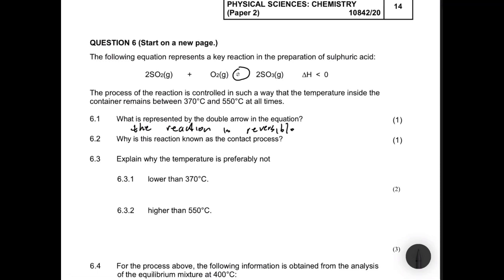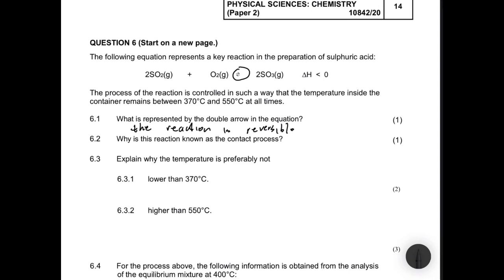It is known as the contact process because the reaction occurs in the presence of a catalyst, right? So the reaction is in contact with the catalyst, and therefore is known as the contact process. Now the question you might ask is, which catalyst do we need for this reaction?